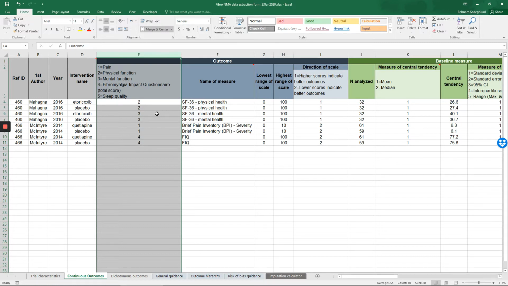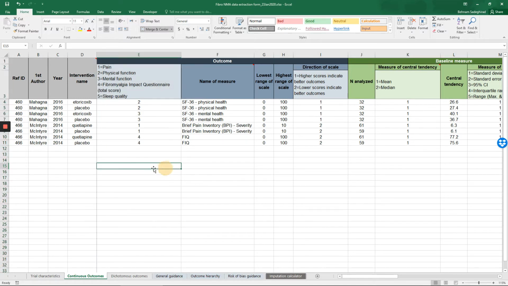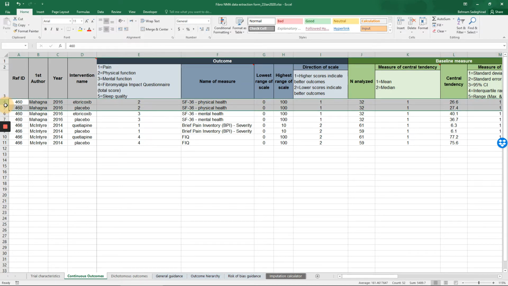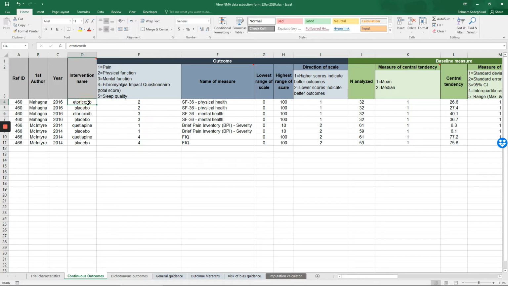The major difference between this worksheet and the trial characteristics worksheet is that information in this worksheet is supposed to be 1 row per arm and not 1 row per study. As you can see, for example, for a study with a ref ID of 460, there is 1 row per each arm of the trial and for each outcome.